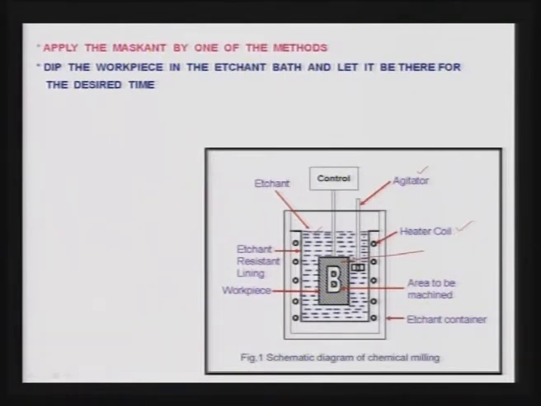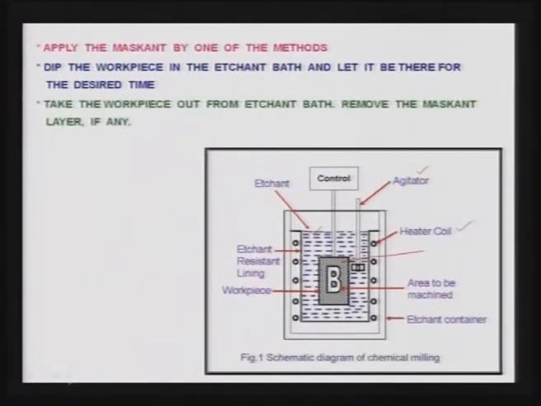That is, you dip the workpiece and let it remain there for the desired period. Then take the workpiece out from the etchant bath after the desired depth has been achieved at the letter B in this particular case on the workpiece. For deciding how much time it will take, you have to conduct preliminary experiments.